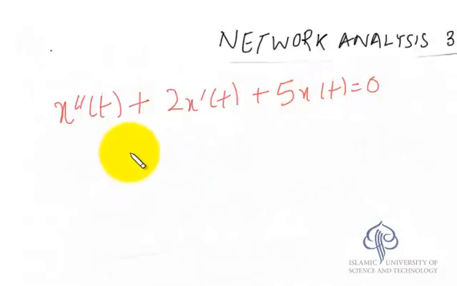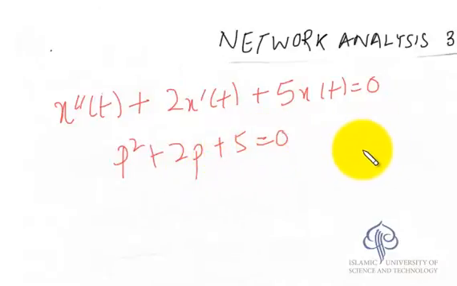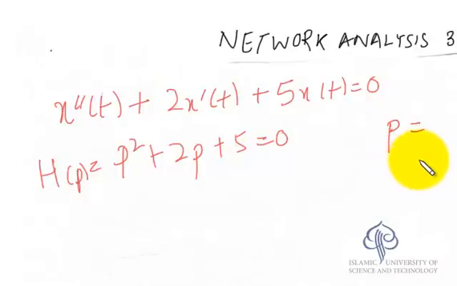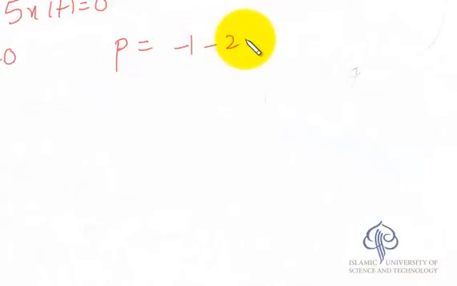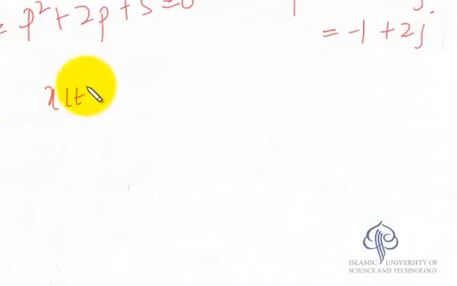So we write down the characteristic equation p square plus 2p plus 5 equal to 0. If you factorize this, the roots are going to be minus 1 minus 2j and minus 1 plus 2j. So you can write down the solution x(t) to be m1 e to the power sigma t, where sigma is minus 1, so e to the power minus t.